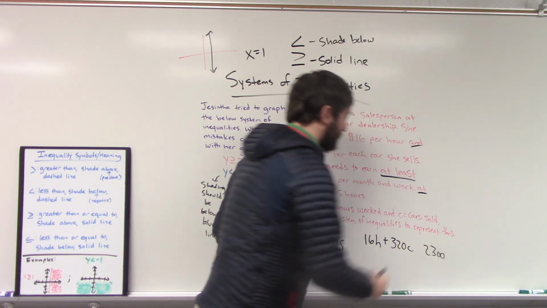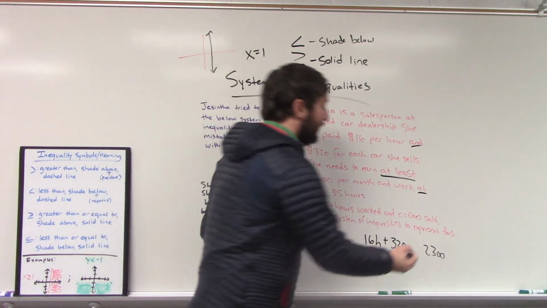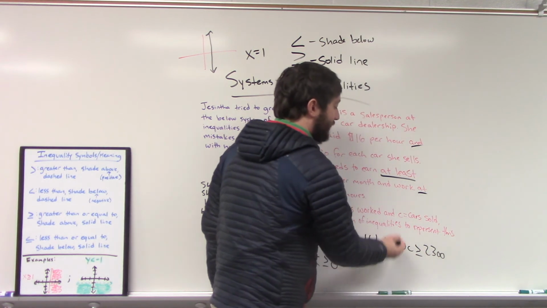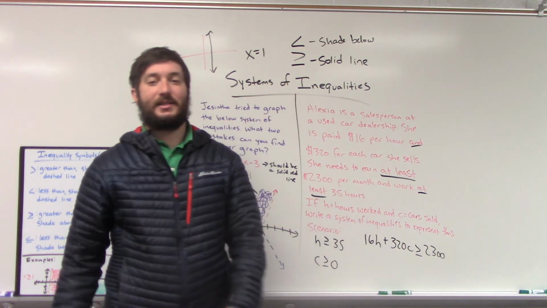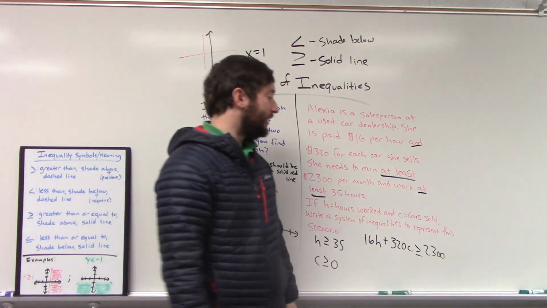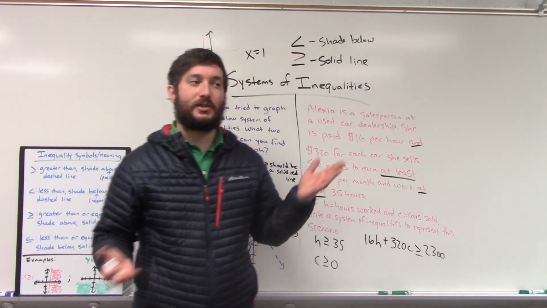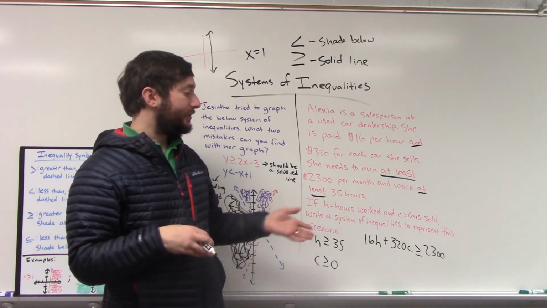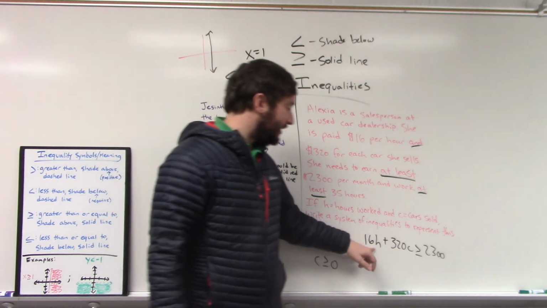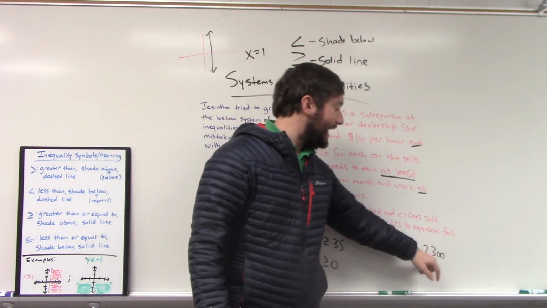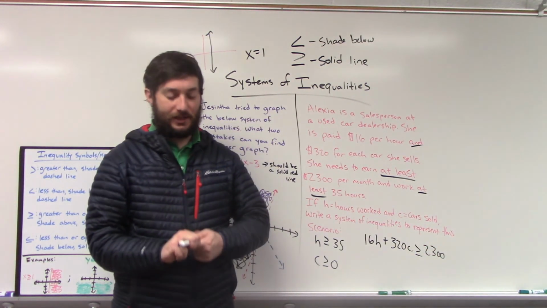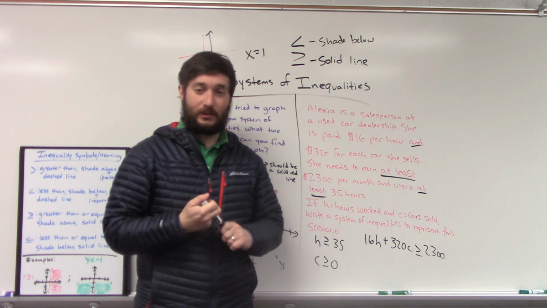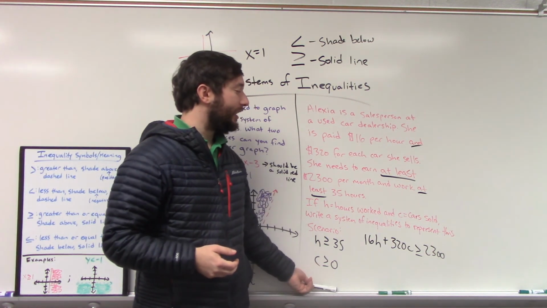So think back to what we just talked about, at least. All of this on the left side of the inequality has to be minimum $2,300 in order for her to pay expenses, rent, utilities, whatever, okay? This combined has to be at least this. Can't be anything less. So it can be equal to it, can't be less than that, it's got to be greater than or equal to.